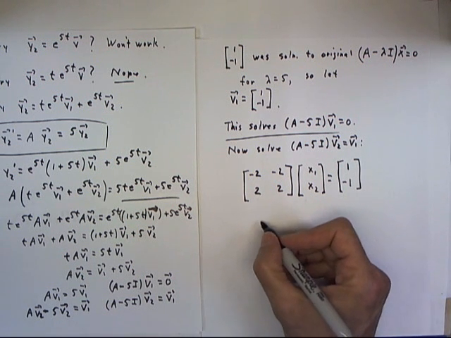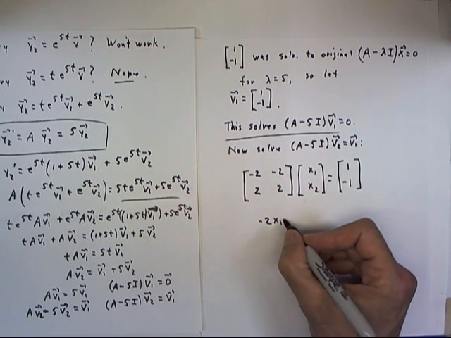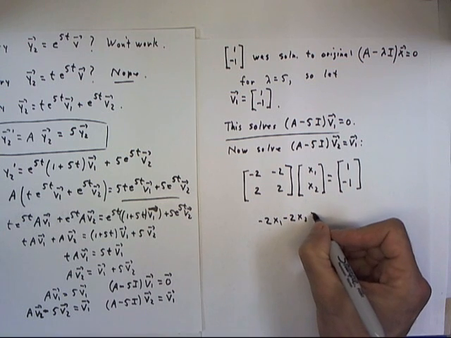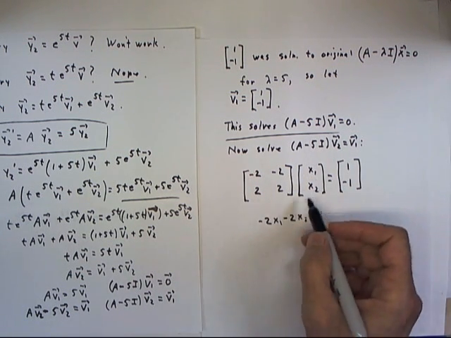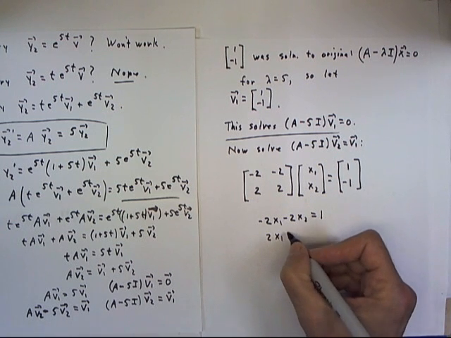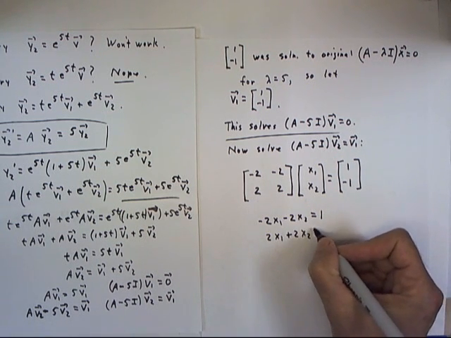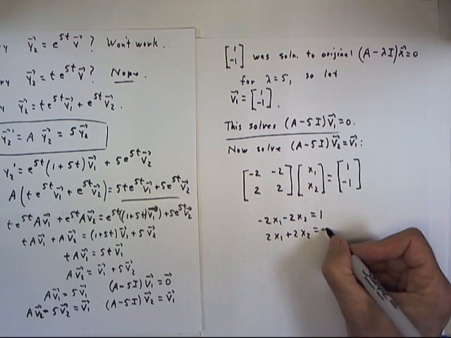What do we get? We get -2x1 - 2x2 = 1, or 2x1 + 2x2 = -1.